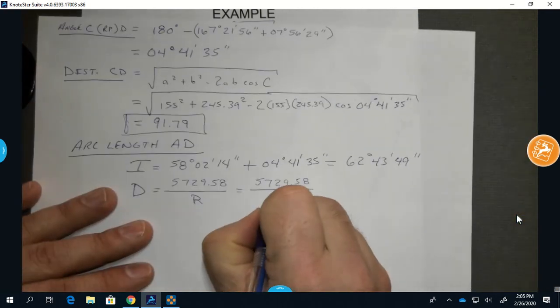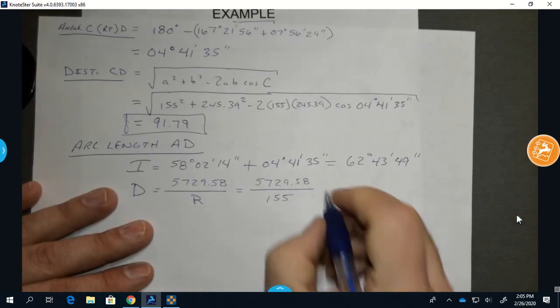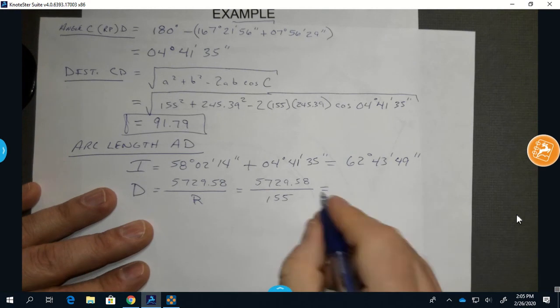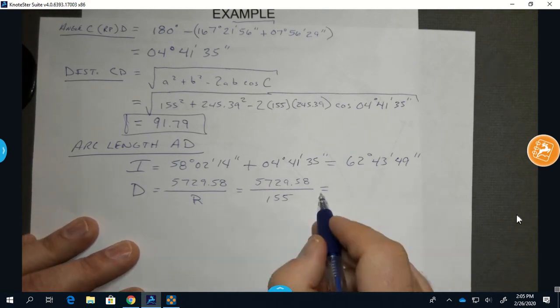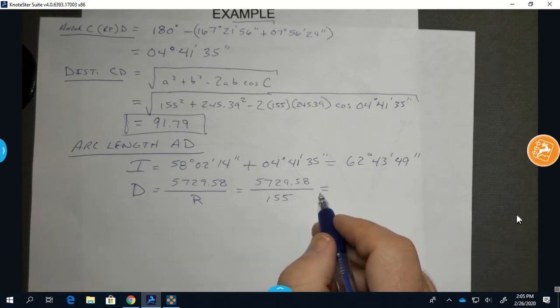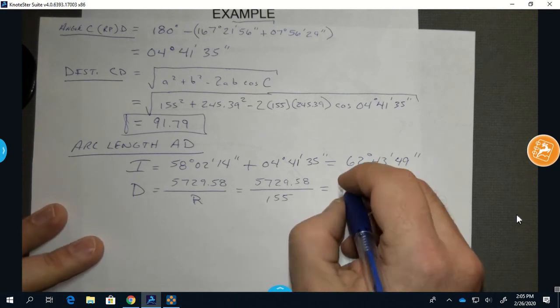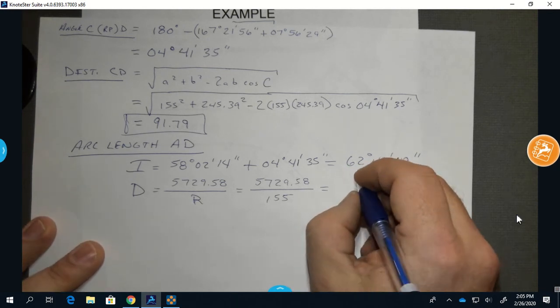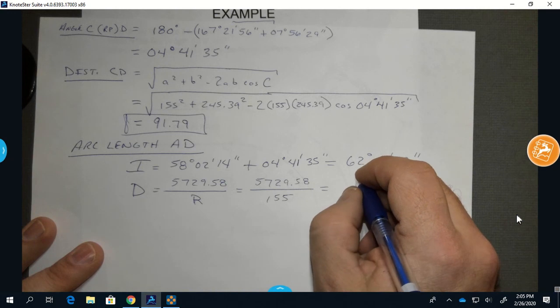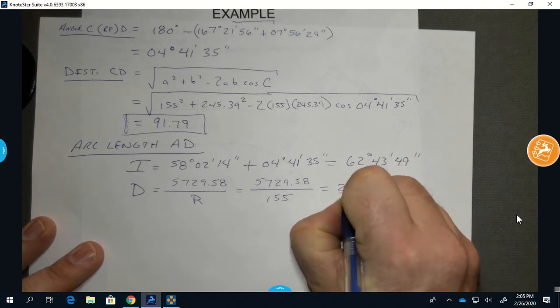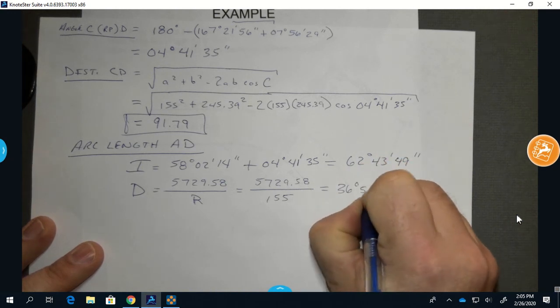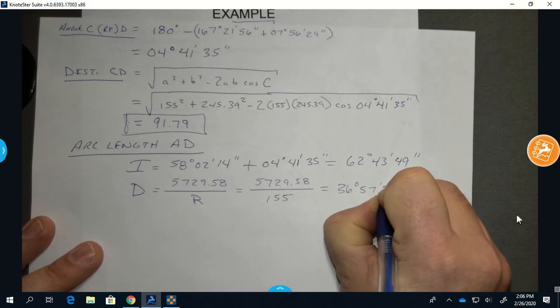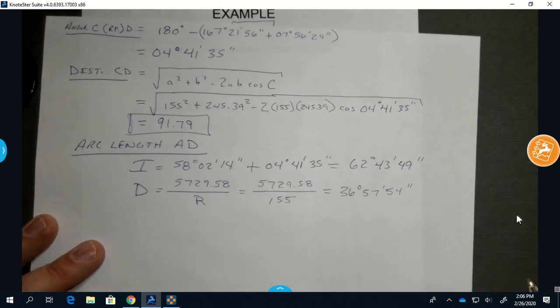So 155. All right, remember this comes out as radians, you got to convert it to degrees, minutes, and seconds. So this particular angle comes out to 36 degrees, 57 minutes, 54 seconds.